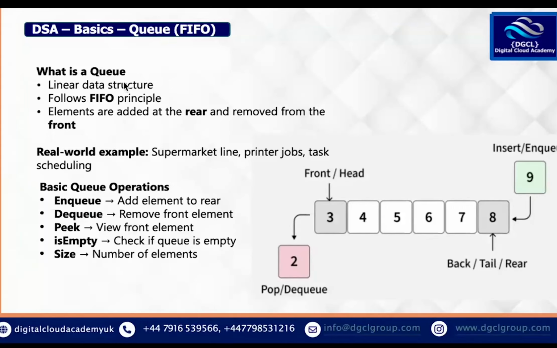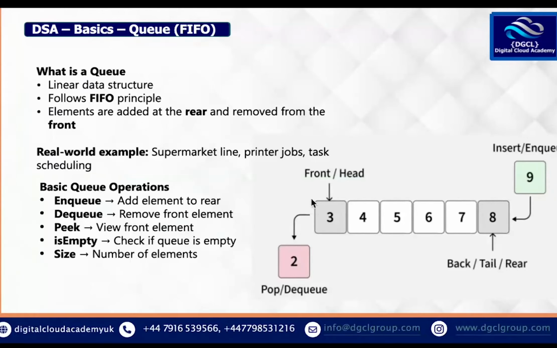This is a linear queue. Basically, basic queue operations: we have add elements to rear. That is enqueue, to the rear, to the end, you enqueue. Dequeue, remove front elements.